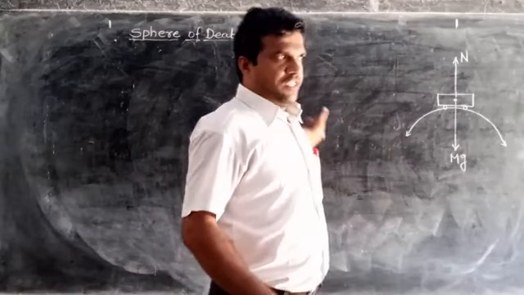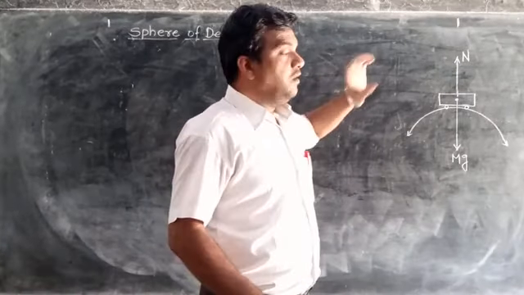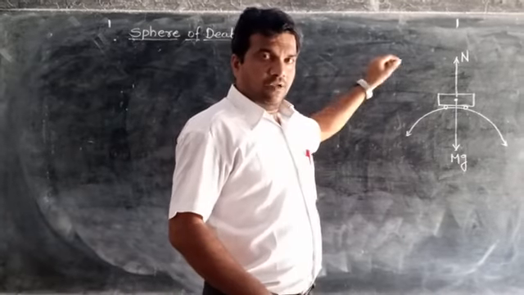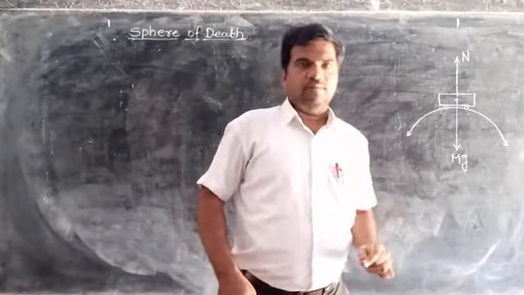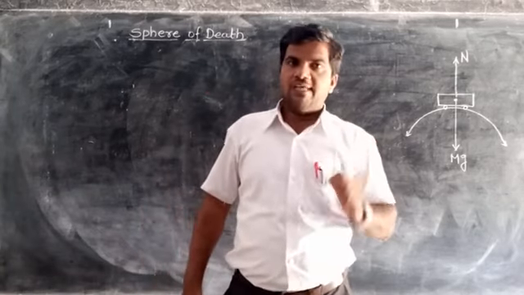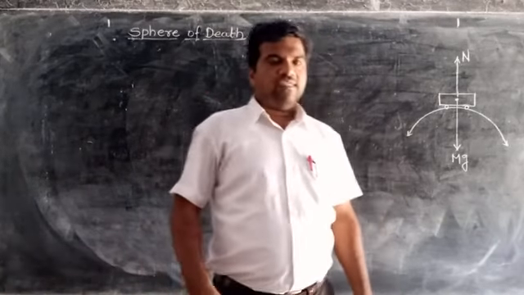Means there are two forces acting on the vehicle. Which two forces? One is the weight mg in downward direction, second is normal reaction N in upward direction, and the resultant of these two forces provides the necessary centripetal force.